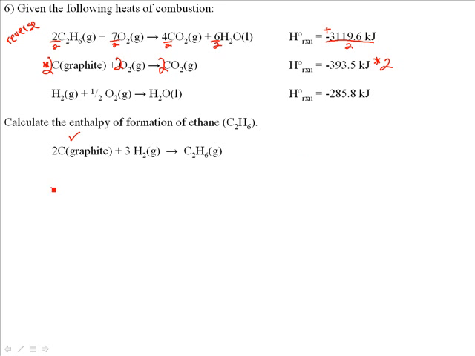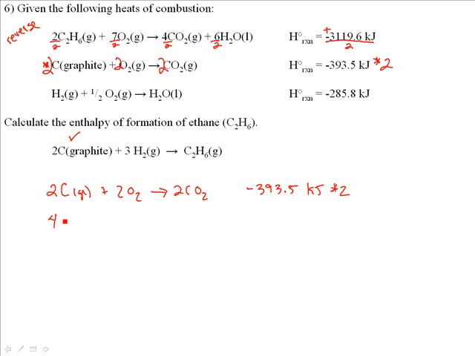So what we have so far is 2 carbon graphite plus 2 oxygen goes to 2 CO2 and negative 393.5 kilojoules times 2.